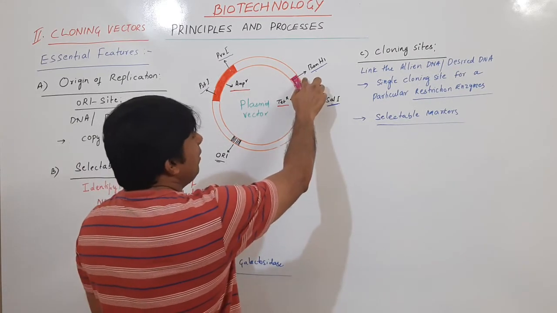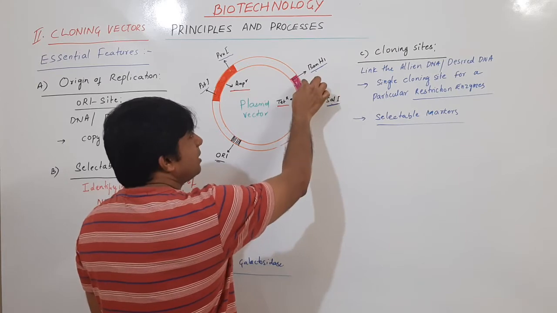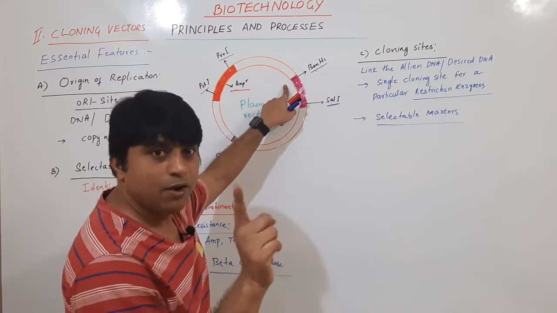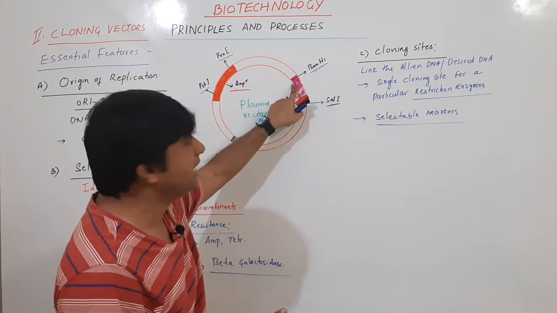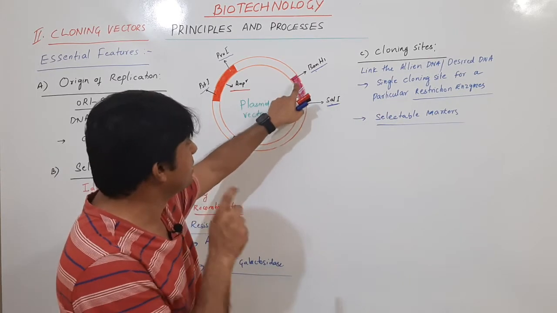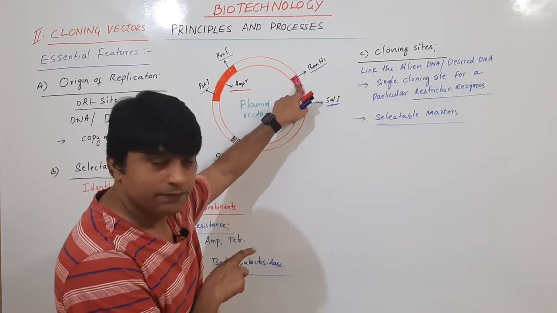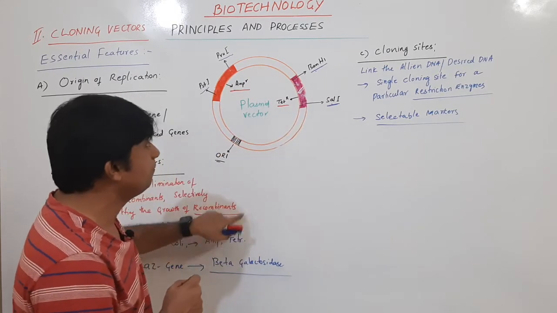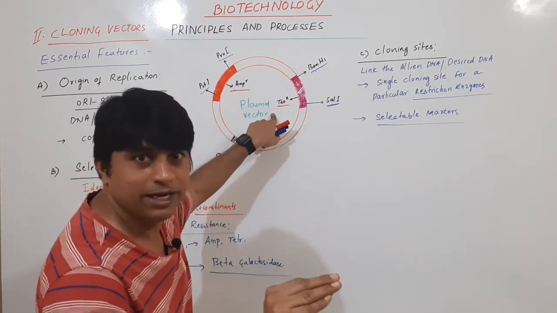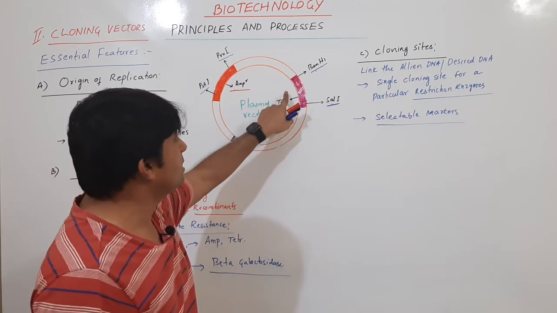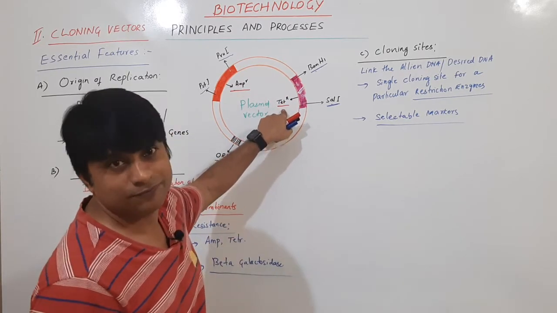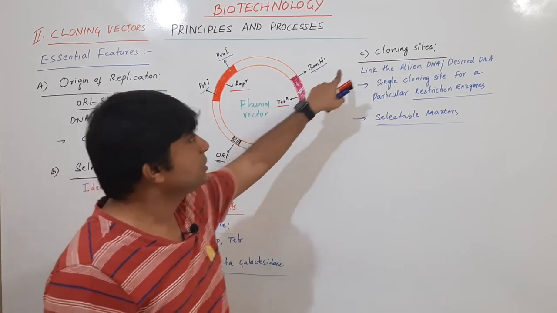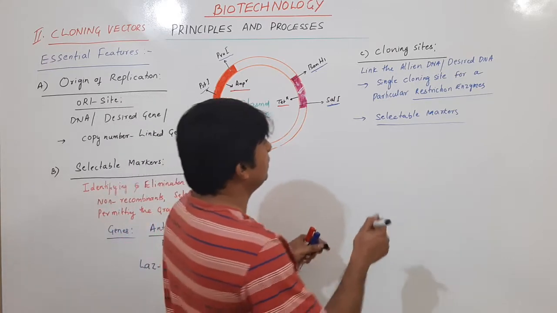If by cleaving at this particular restriction enzyme site we add our gene of interest, because of insertion of our alien DNA at this cloning site, and because this marker is resistance against tetracycline, this recombinant plasmid now does not show resistance against tetracycline. This is how we can separate recombinants from non-recombinants. So these are cloning sites. Next, number four.